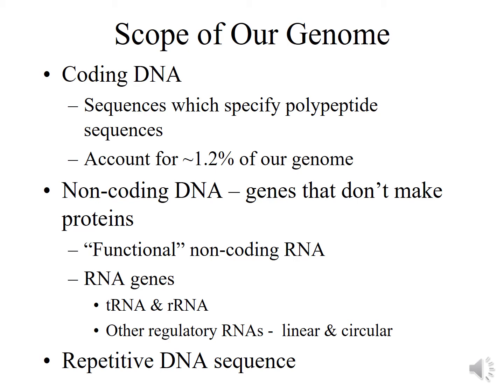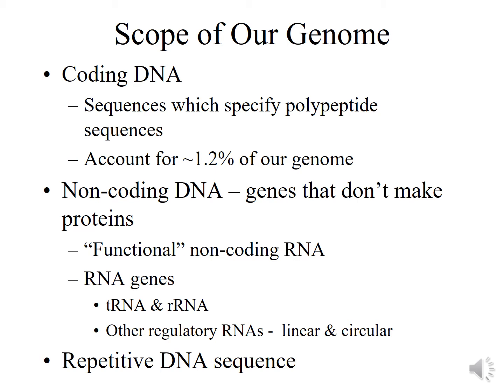Surprisingly, however, coding DNA that specifies the polypeptides of our proteins accounts for just over 1.2% of our genome. The remainder of our genome is non-coding DNA that does not make any protein, but a significant fraction of the non-coding DNA is functionally important.